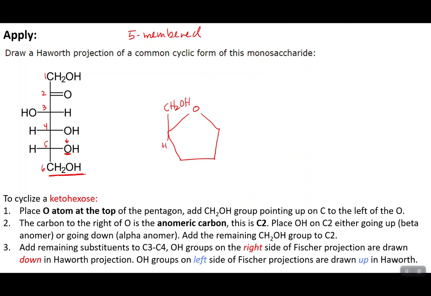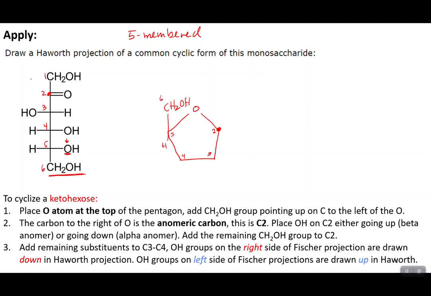Our anomeric carbon is to the right of this oxygen, just like we did for aldohexoses. The difference here is that now this anomeric carbon is not carbon 1, the anomeric carbon is now carbon 2. So this is going to be position 2 on my ring, 3, 4, 5, and 6. So that means I still need to draw in carbon 1.